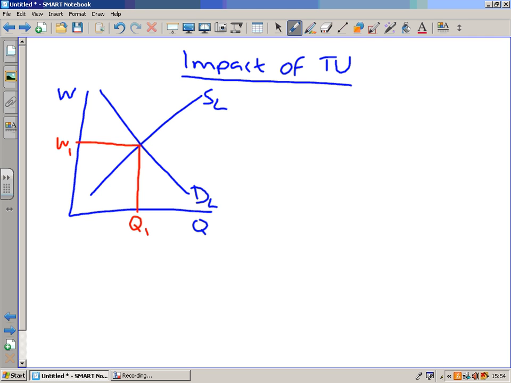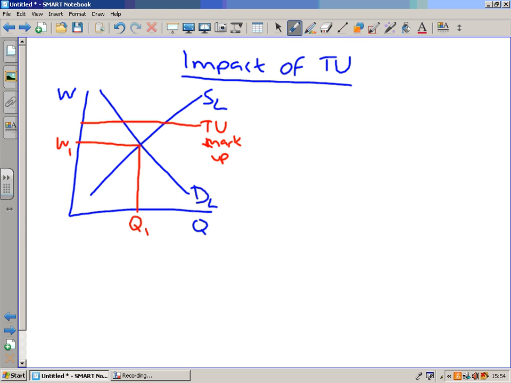A trade union is designed to raise the wages of workers, improve the terms and conditions for labourers. So what in effect the trade union will do is raise up the cost of employing people, the wage rates, the terms and conditions, the protection people get. That in effect will raise the wage to the trade union mark-up.